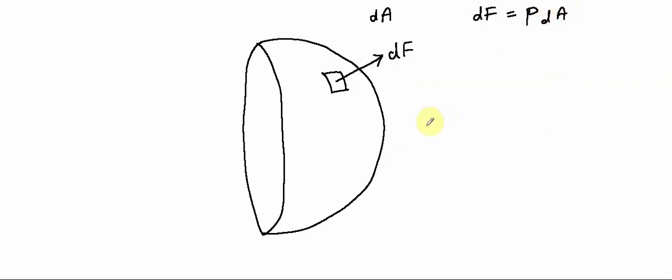Now we can integrate this dF throughout the surface and calculate the total force, but before we do that, we notice that some components of this dF cancel out and we have to integrate only the surviving component. So let us find out the surviving component first.